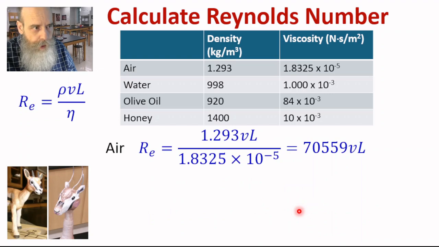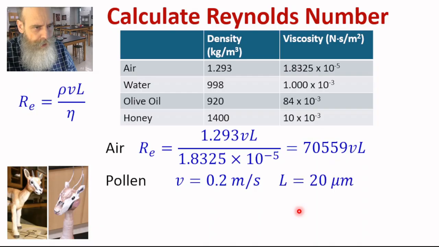Now let's consider a smaller object. Let's take a grain of pollen moving in air. We'll give it the same velocity as a coffee filter, 0.2 meters per second. The L now is the diameter of that grain of pollen, which is, for instance, 20 micrometers.